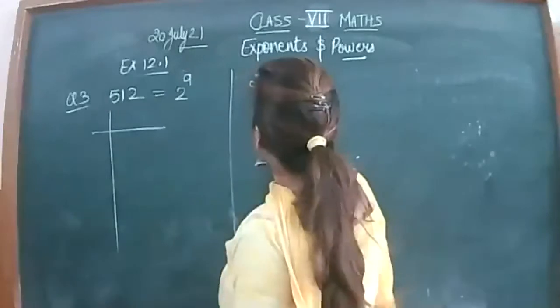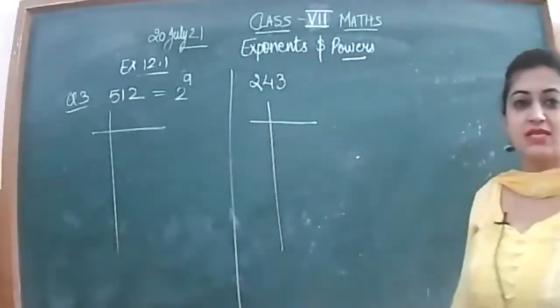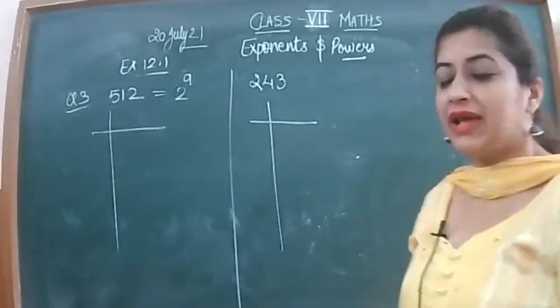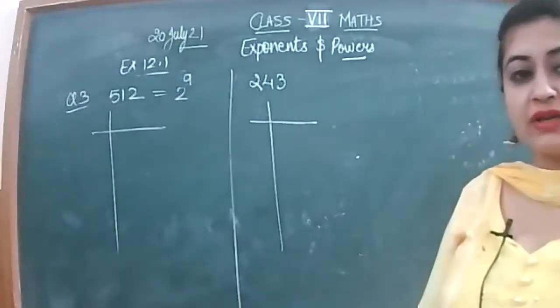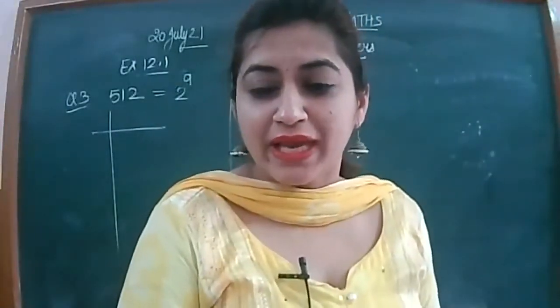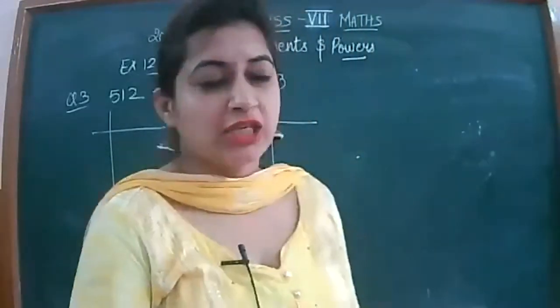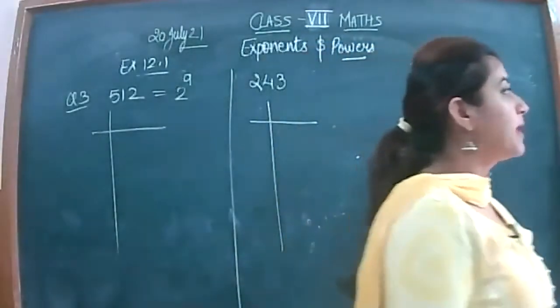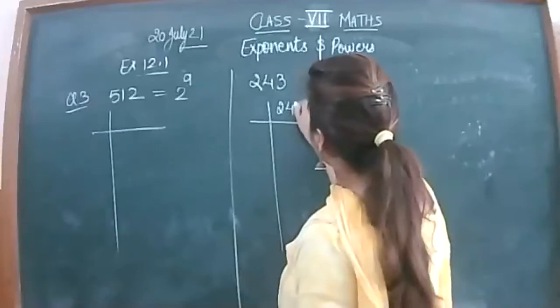Okay, 2 raised to power 9. Okay, thank you, beta. Now make the prime factors of this and express it in the form of the product of prime factors, or you can say the question is expressed in exponential form. Hurry up, make the prime factors. It is not divisible by 2. You will divide this by 3.